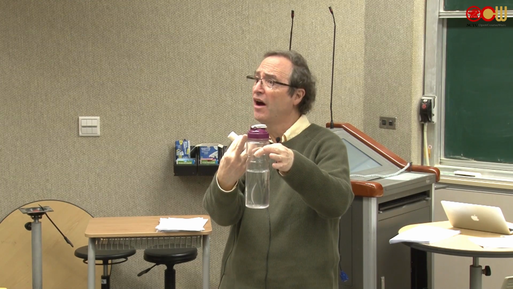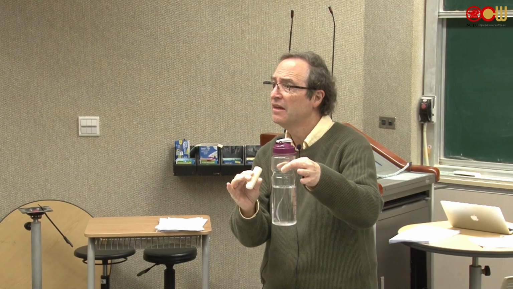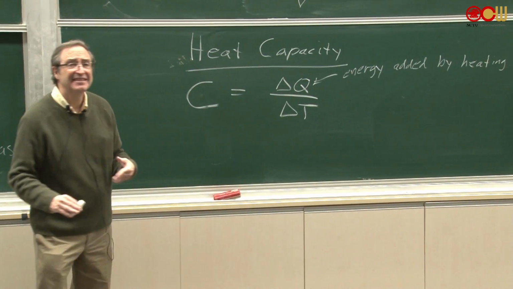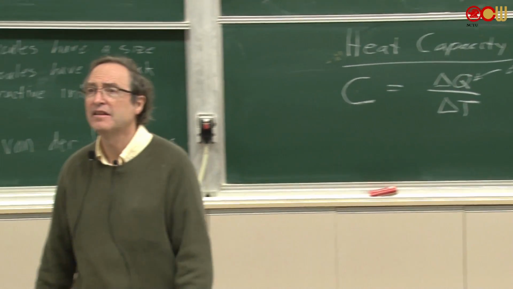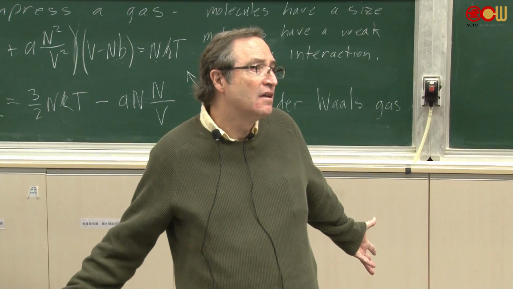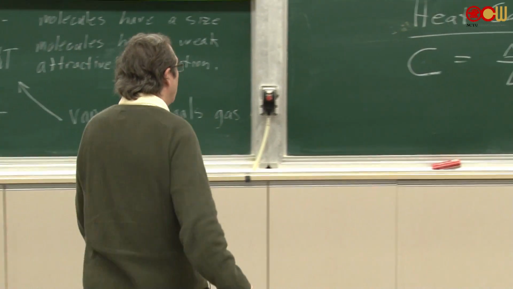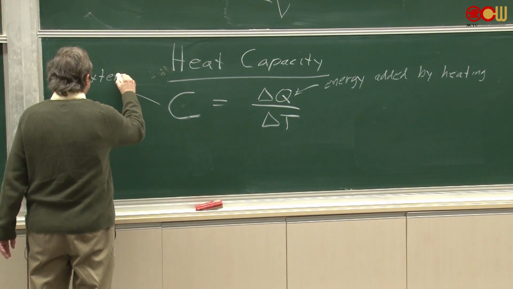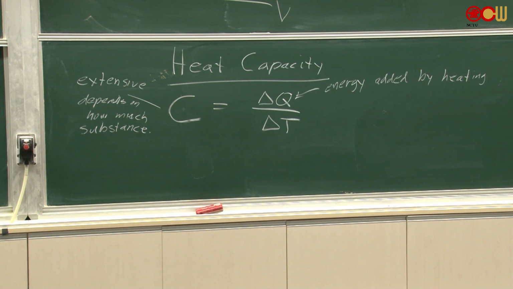If I filled the water up and put the same amount of energy into it, the temperature change would only be half as much because I have twice as much water. Okay, everybody see that? All right. So this heat capacity is an example of an extensive variable, right? It depends on how much of the substance you have. So it depends on how much substance there is, how much stuff there is.